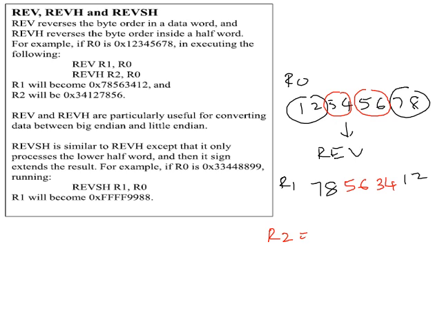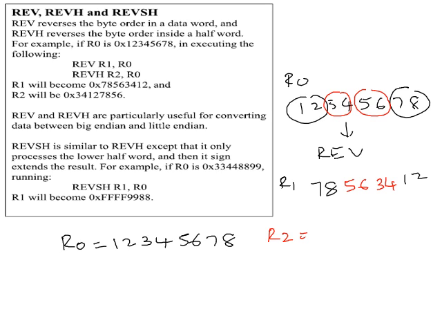With respect to R0, what we have is R0 again 12345678. So the half words will be interchanged.